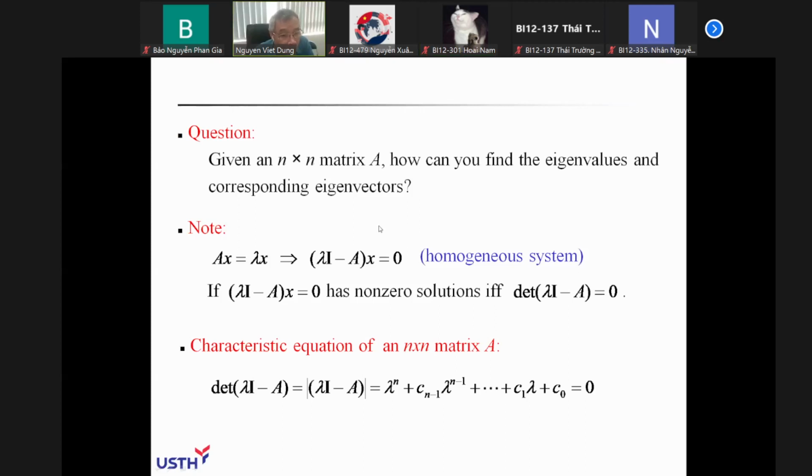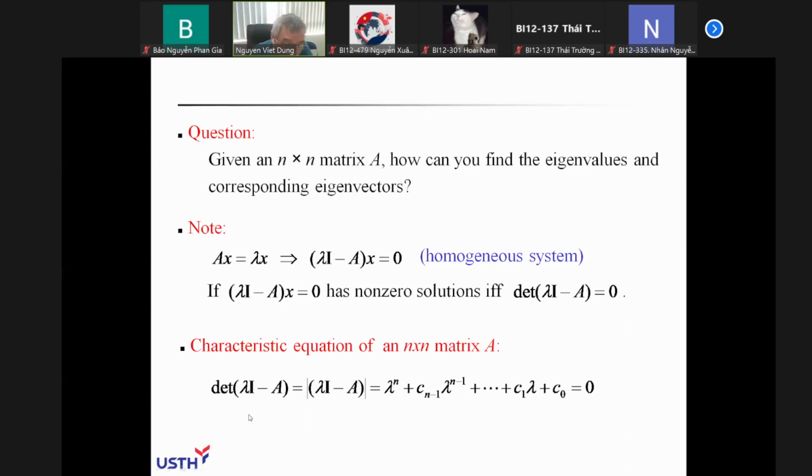That system has a non-zero solution if and only if the determinant of the coefficient matrix is 0, which I insisted on at the end of my review, in numbers 3 and 4. So we need the determinant of lambda I minus A to equal 0.